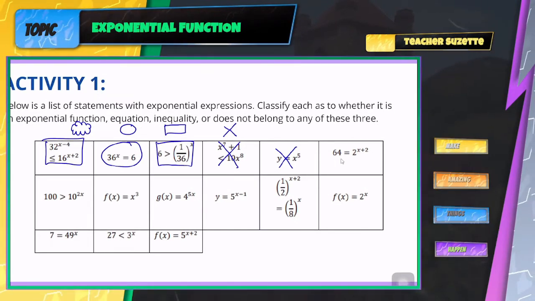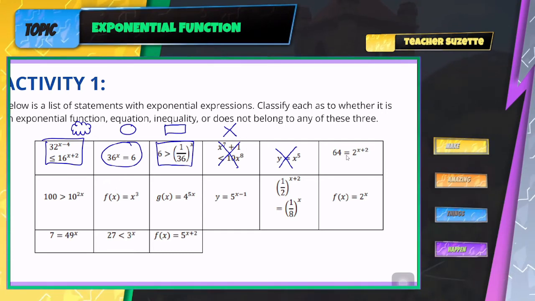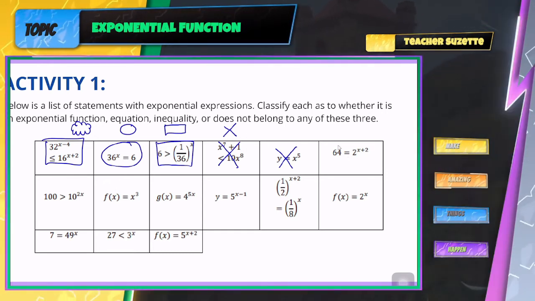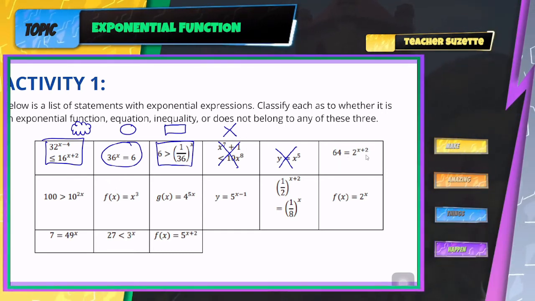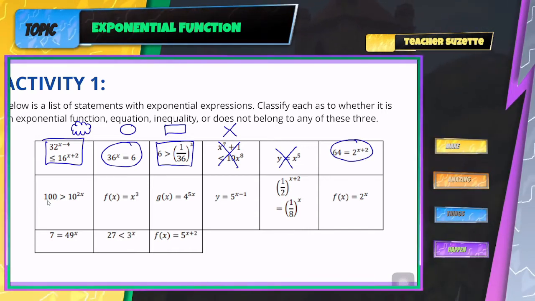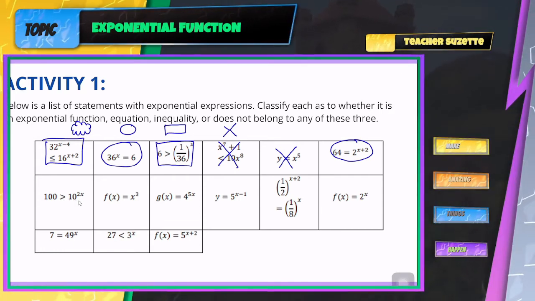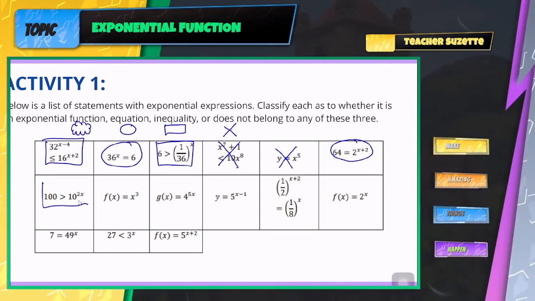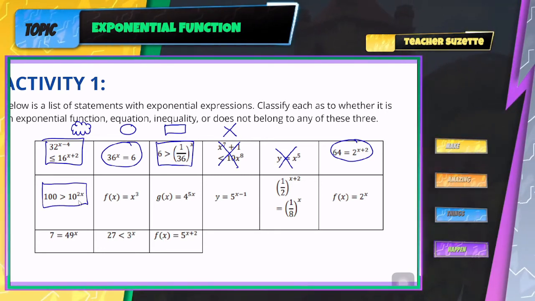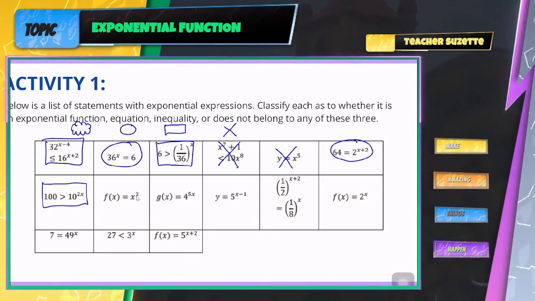Then next, you have 64 is equal to 2 raised to x plus 2, equation or equal sign rather. Therefore, this is an exponential equation. So, enclose natin siya sa circle. Next, you have 100 inequality symbol, 10 as the base. So, this is an example of an inequality. Next, f of x is equal to x raised to 3.